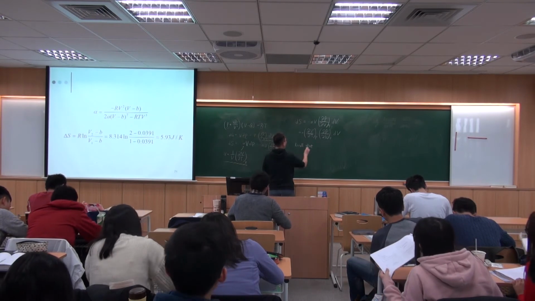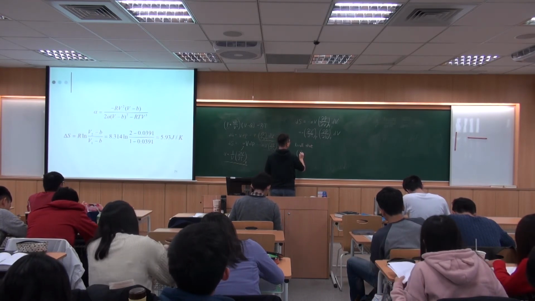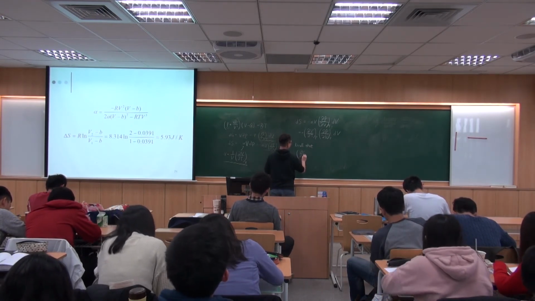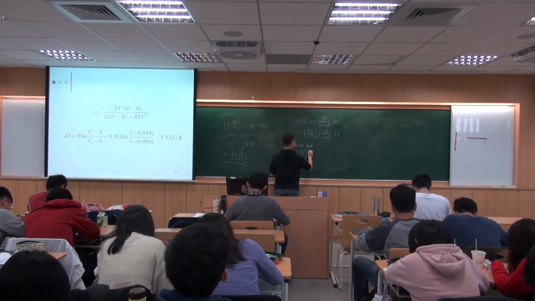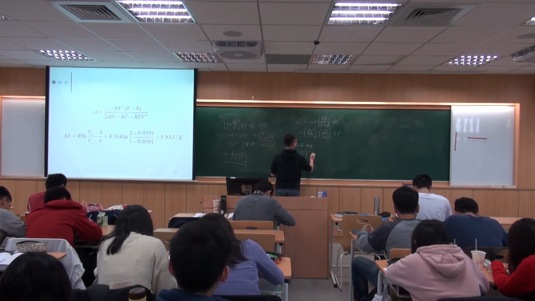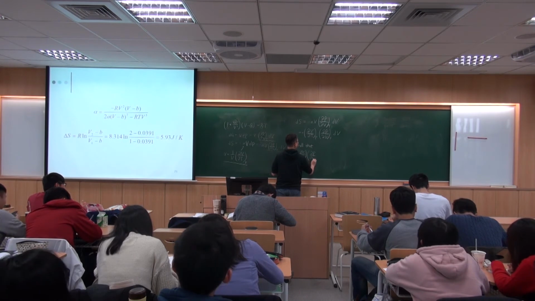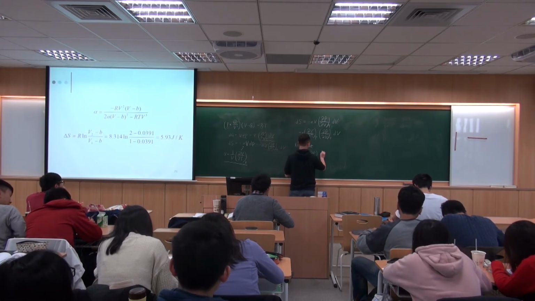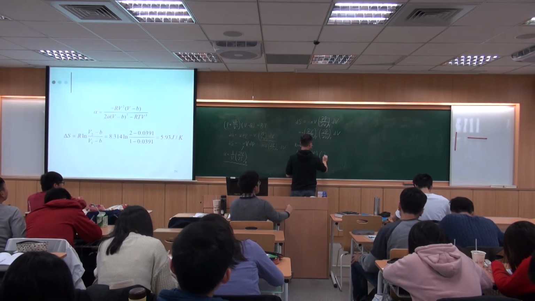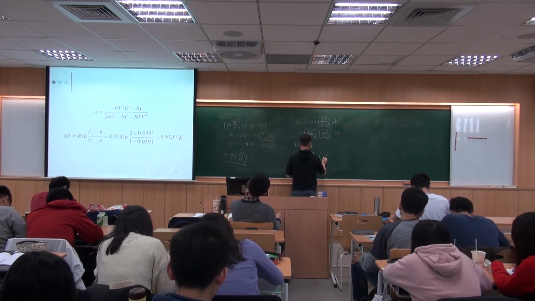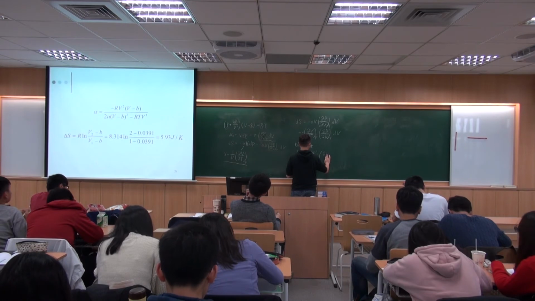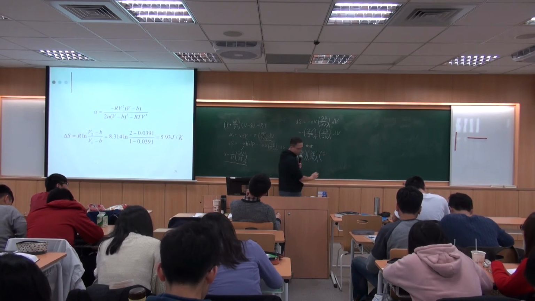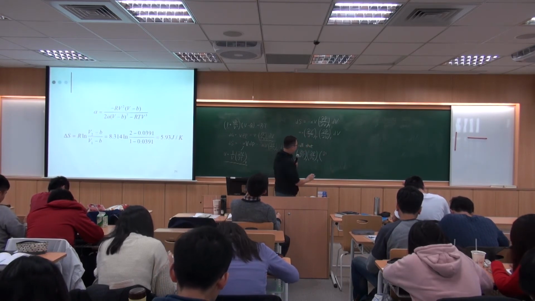If we have this, and this is t, this is p, then we have what else? Partial v and partial t, partial p.